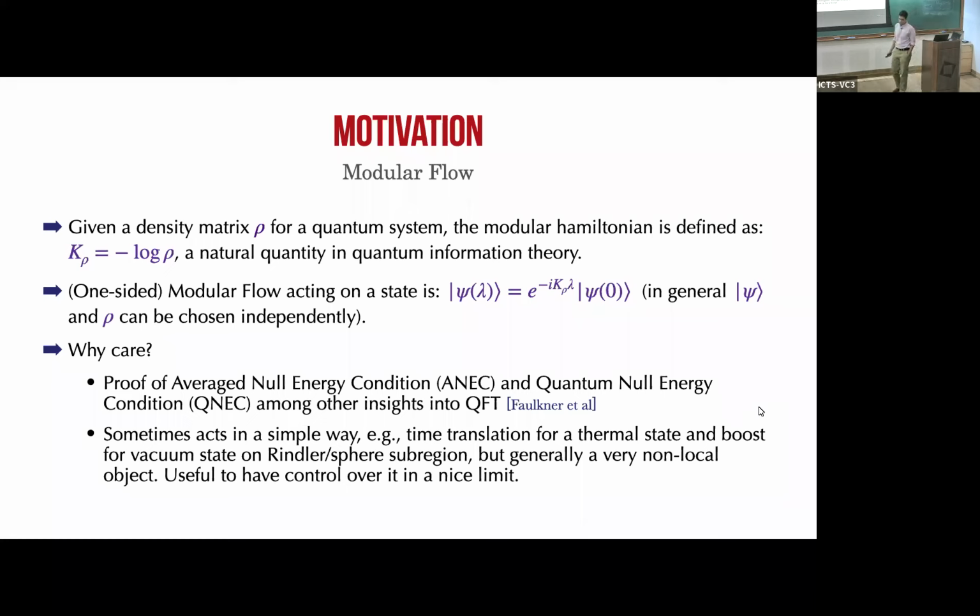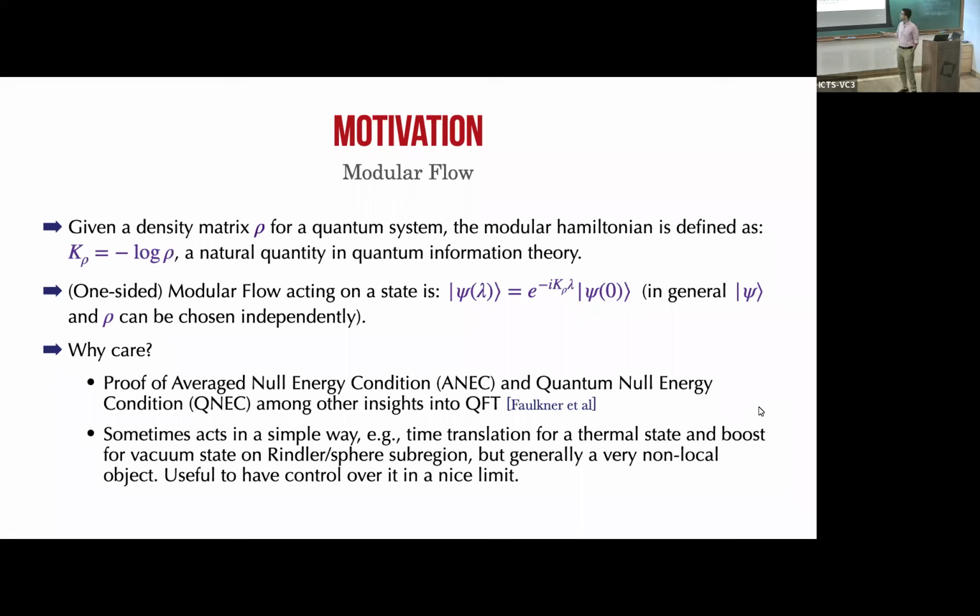So why care about this? In the last decade or so, these ideas have proved pretty useful for a variety of things. Firstly, independent of gravity, energy conditions in quantum field theory have been proved, such as the average null energy condition and the quantum null energy condition, along with other insights into quantum field theory, which have heavily used ideas of modular flow.